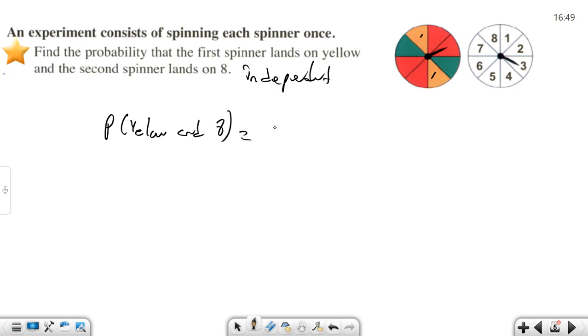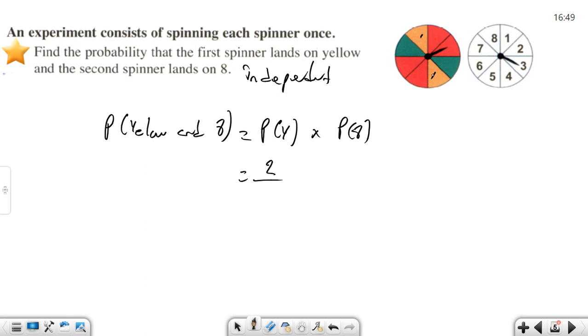In this situation, it's not mutually exclusive. The probability is not 0, it's possible. Yellow and 8 is possible. So these are independent events: probability of yellow multiplied by probability of 8. What is the probability of yellow?